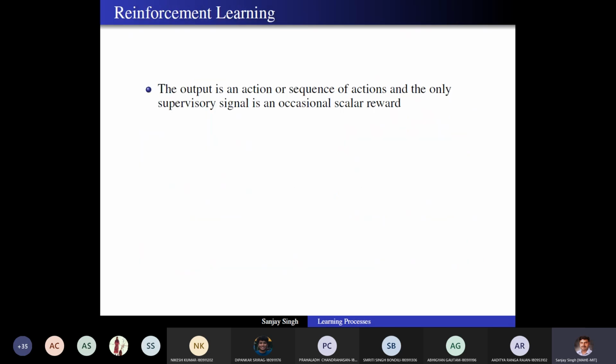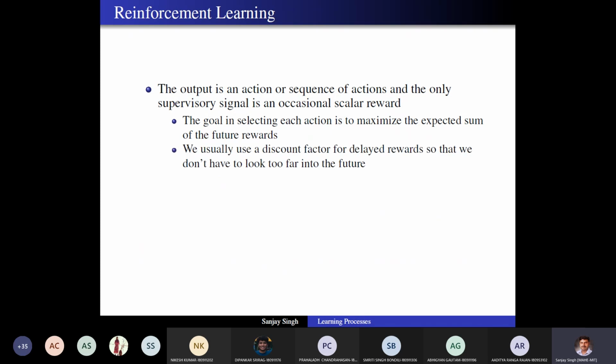So in reinforcement learning, the output is an action or sequence of actions, not only one. And the only supervisory signal is an occasional scalar reward. The goal in selecting each action is to maximize the expected sum of the future rewards. This is what we're looking for. We usually use a discount factor for delayed rewards so that we don't have to look too far into the future.